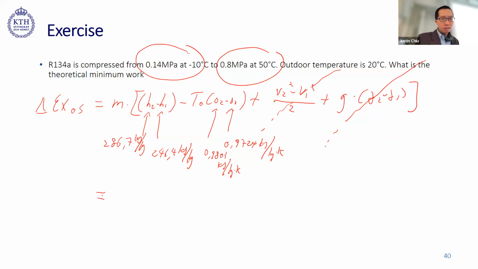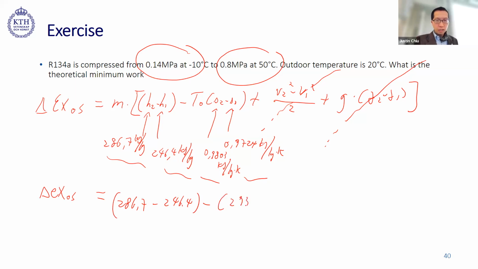Since I don't have the mass, let's say the specific exergy, so I put a small letter for this open system, would be, if you do the calculations, 286.7 minus 246.4 minus the ambient temperature, 293.15, right? Because it's 20 degrees ambient temperature, times 0.9803 minus 0.9724.